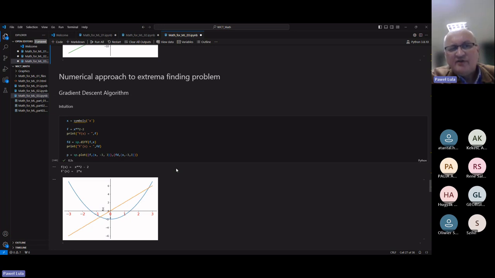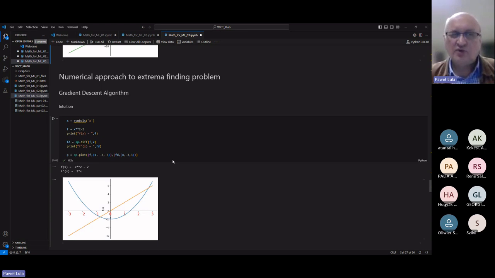Gradient means the first derivative. Tomorrow, I'm going to explain why the word gradient is used in this context. But here, because we are talking only about single variable functions, we can say that it is a first derivative descent algorithm.